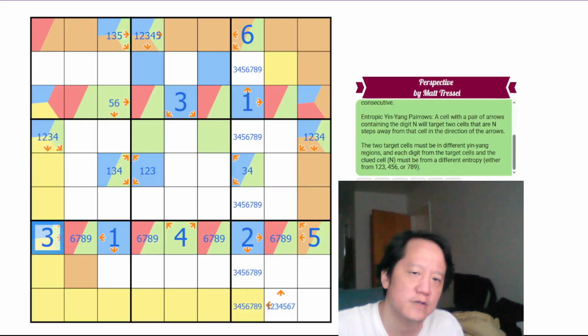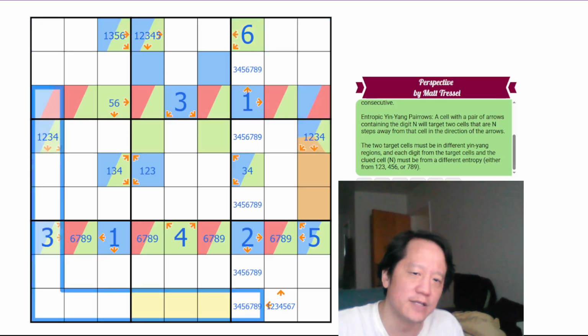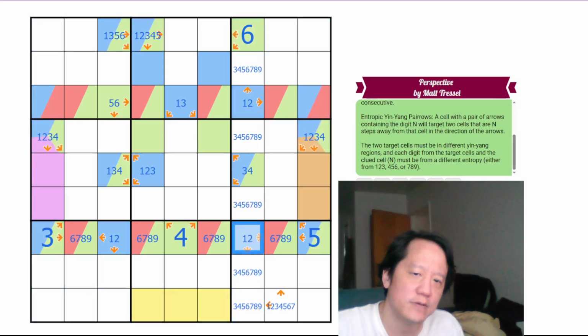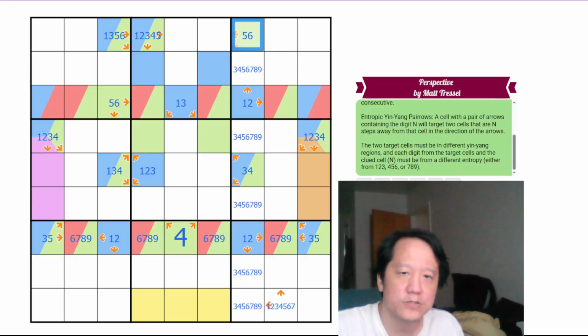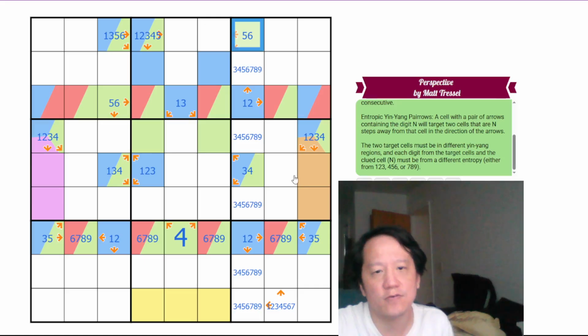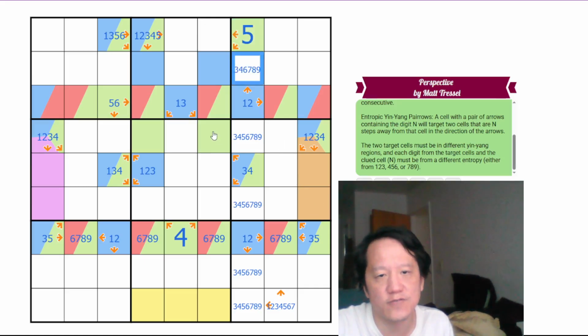Interesting. Not sure I like that, but okay. So this has to be a 5. We know that for certain, which eliminates 5 in the rest of the column.